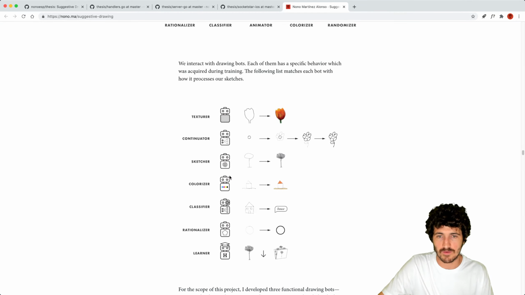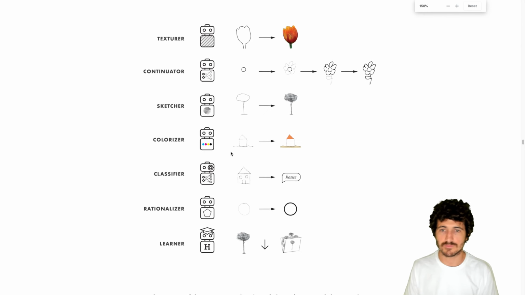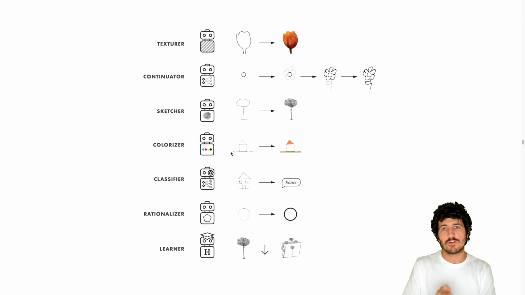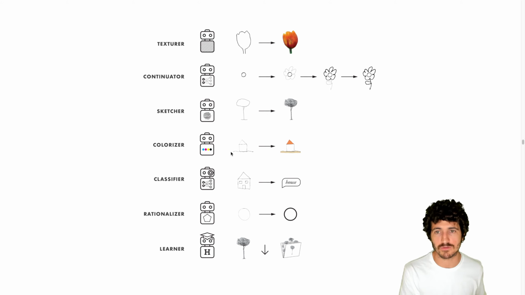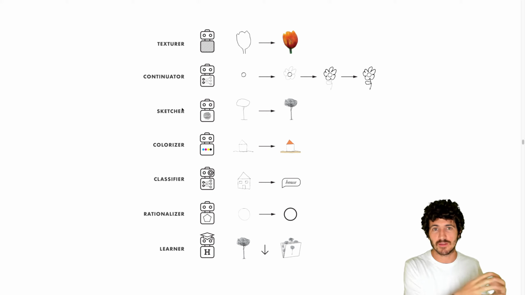So we have these bots here that each had a different behavior. And when I say behavior, they were using different machine learning models. For texturer, continuator, sketcher, everything they were doing was using pix2pix with a different trained model, the same machine learning model trained with different data, generating different trained models.